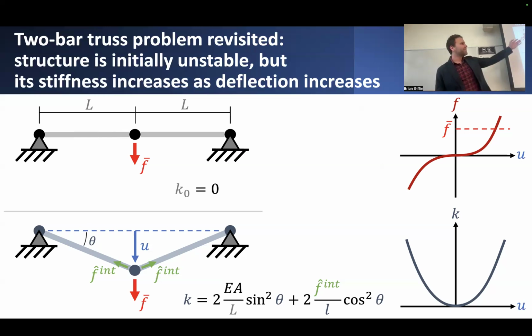You can look at it from the perspective of this top graph, where we're plotting the resulting resisting force, F, on the vertical axis, versus this transverse deflection U on the horizontal axis. Initially, as you start increasing transverse deflection, there will be effectively no resistance.